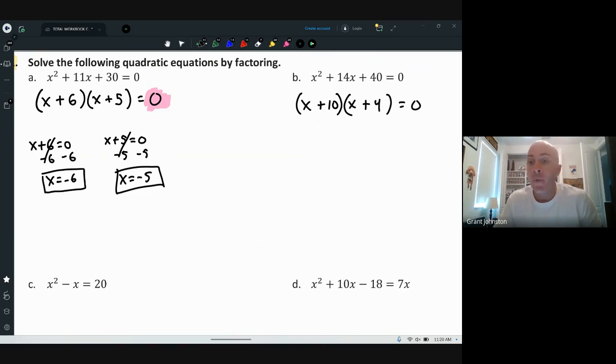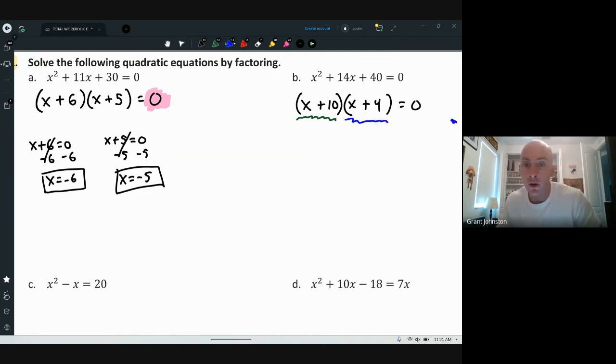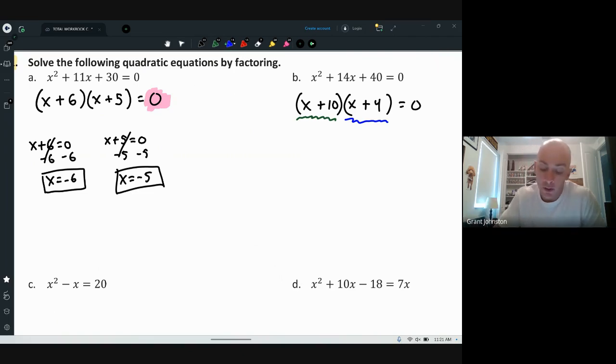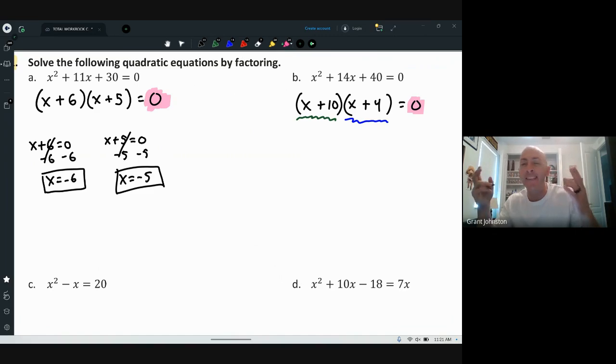Again, in order for this to work by the zero product property, I need either the x plus 10 to equal 0, or the x plus 4 to equal 0, for the equation to equal 0, because 0 times anything equals 0. That's the property, that's the idea.